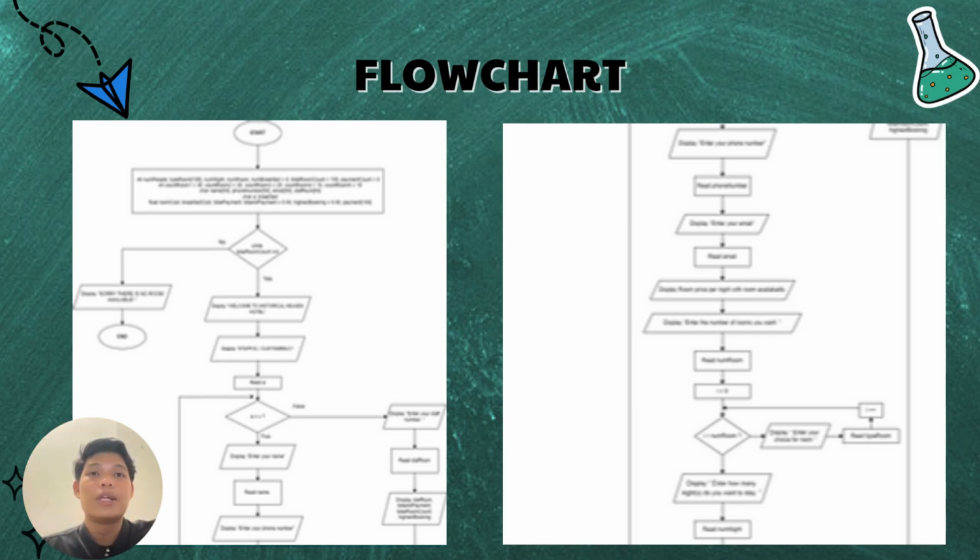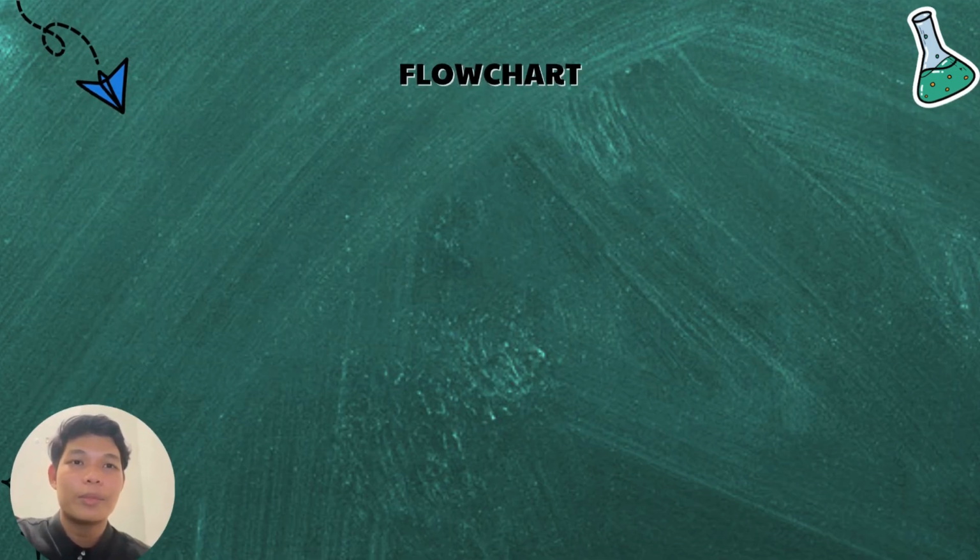Then display enter the number of rooms you want and read number of rooms. After the user inputs the number of rooms that they want, the user also needs to input the type of room that they want. The program will look at how many of the room the user wants. After the user inputs their type of room, they will display enter how many nights do you want to stay. So the program will read num night.